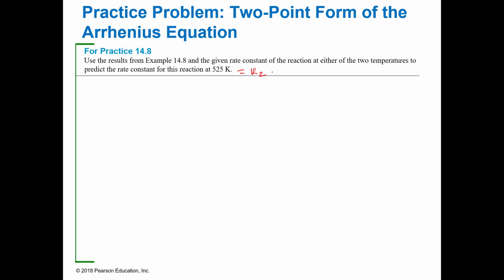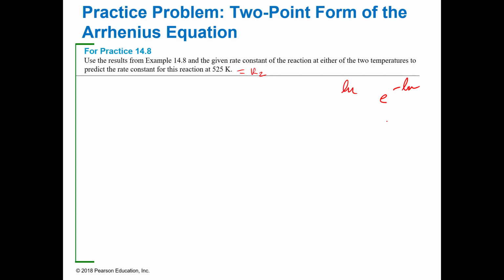And so when you're doing that, just leave that natural log until the very end. And you know how to get rid of a natural log, right? If you've got a natural log, you raise both sides to the e power.